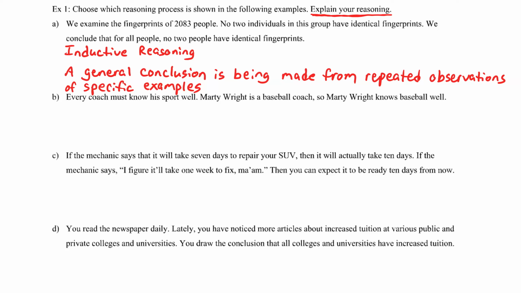That's a pretty broad and pretty general assumption that any coach is going to be very versed in their sport. So it's that very broadly accepted fact. So we're using that fact that because coaches know their sport and because this particular person, Marty, happens to be a coach, then he will know baseball well. That is deductive reasoning.